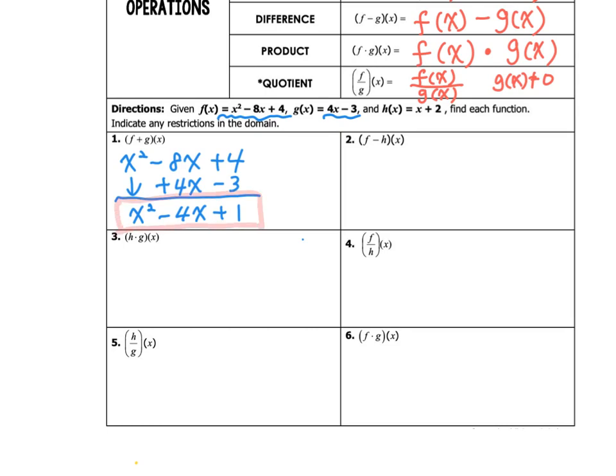And let's move on to number 2. We're going to subtract h of x from f of x right here. So f of x is x squared minus 8x plus 4. H of x is x plus 2. But remember, we're subtracting, right? So it will be minus x plus 2.